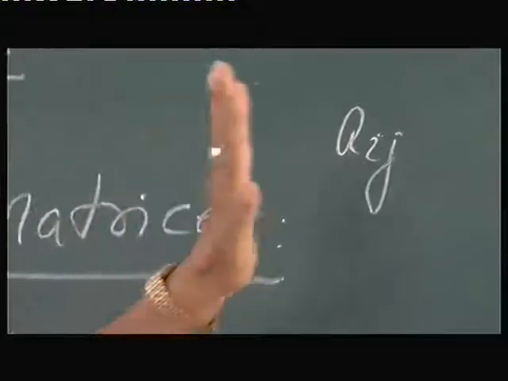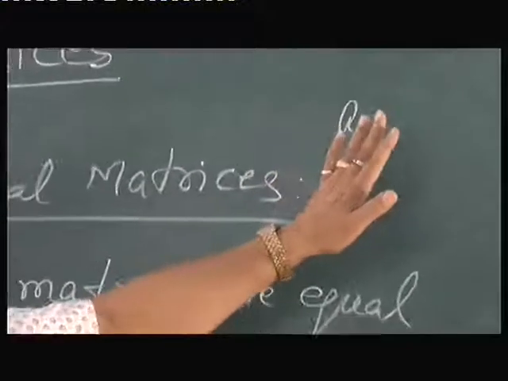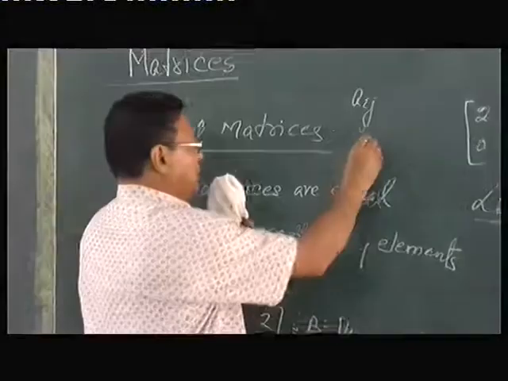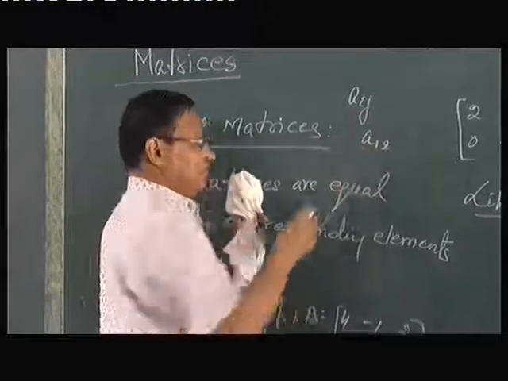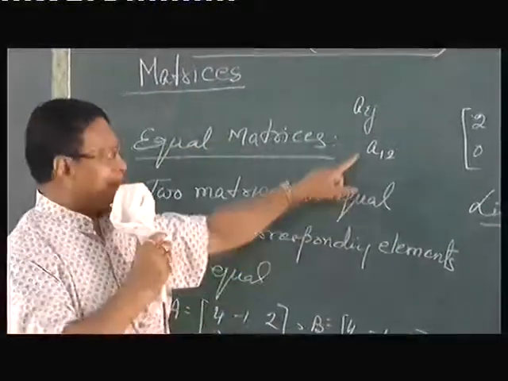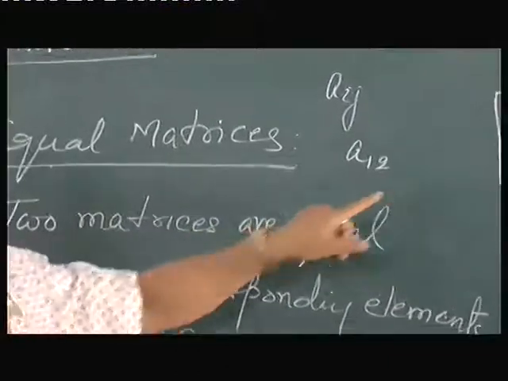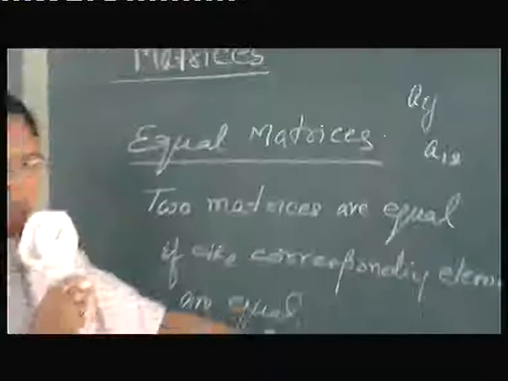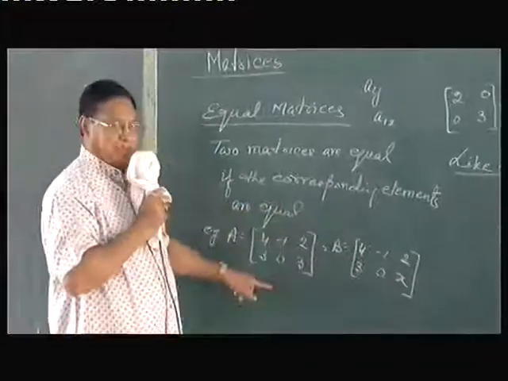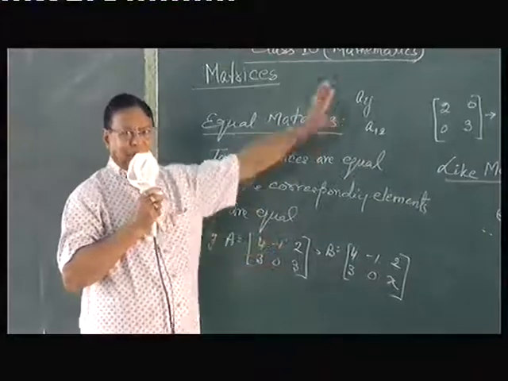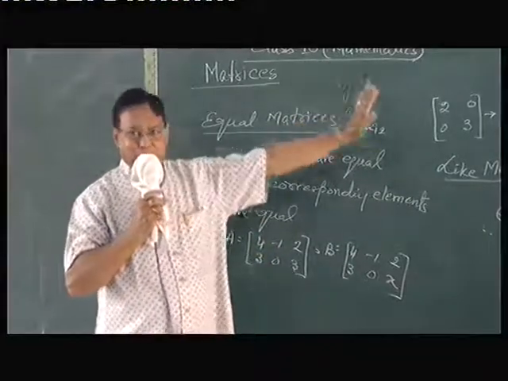It's high flown English, don't worry about it. So supposing I write a_12, it means the element in the first row, second column. So first row is this, second column is this, so the element is -1. This is what it means.